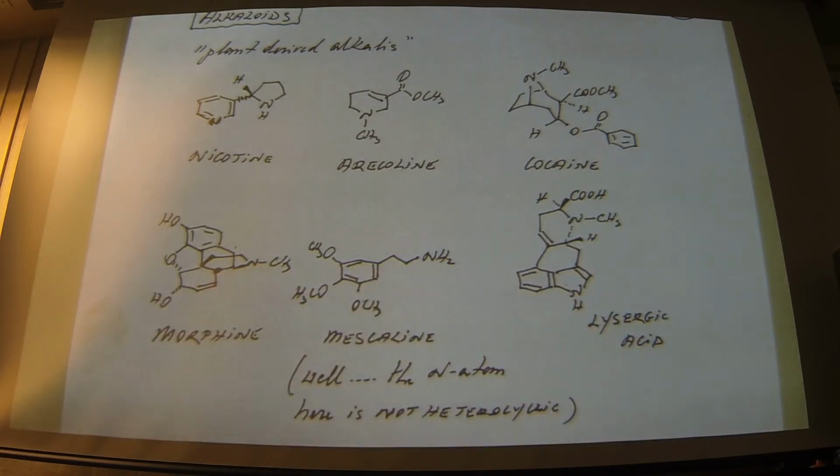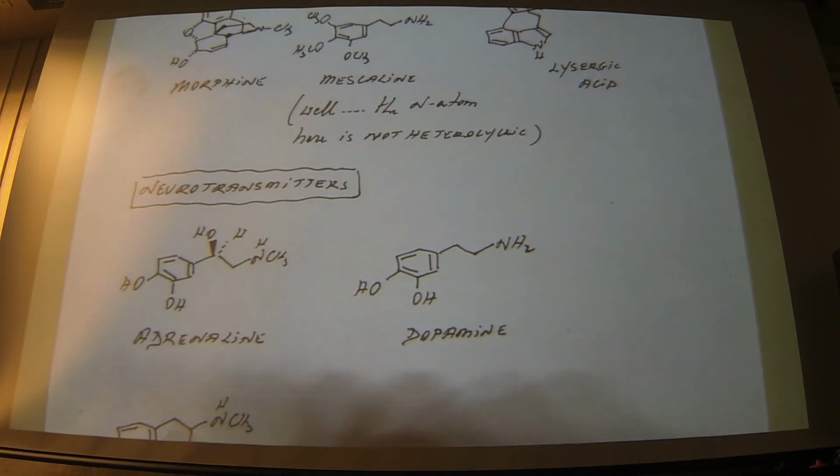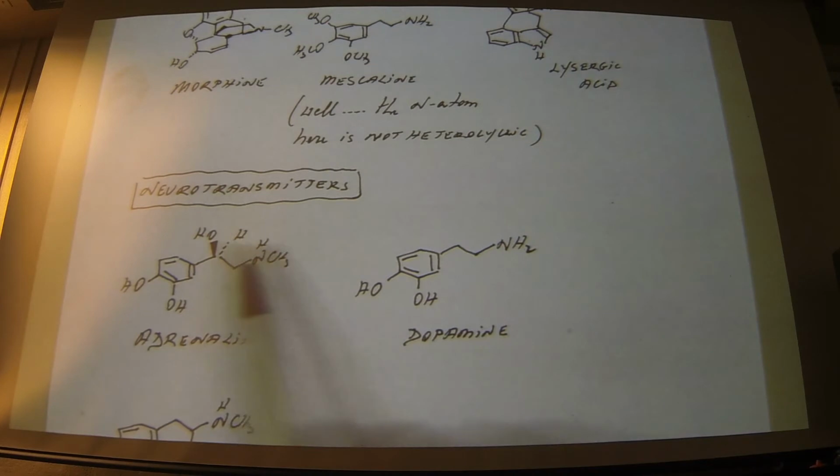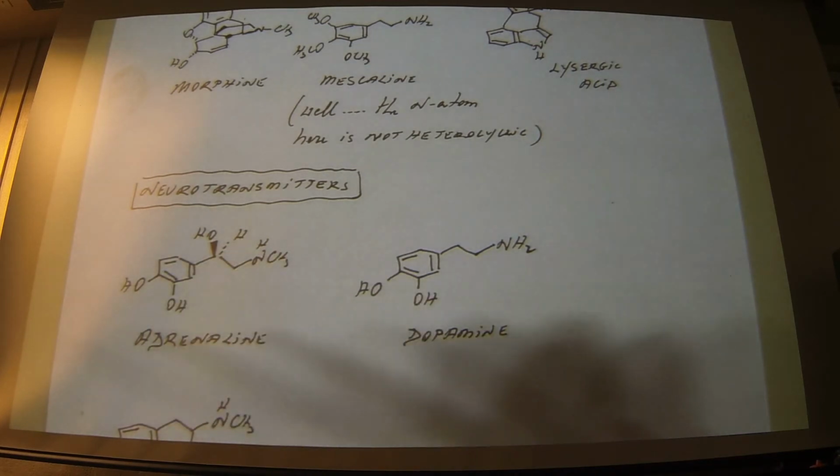And so the conclusion, and there are many others that fit the same pattern. If you look at human neurotransmitters, adrenaline and dopamine have that same function, right? They're phenethylamines. Here, of course, with a methyl group and a hydroxy and so on.